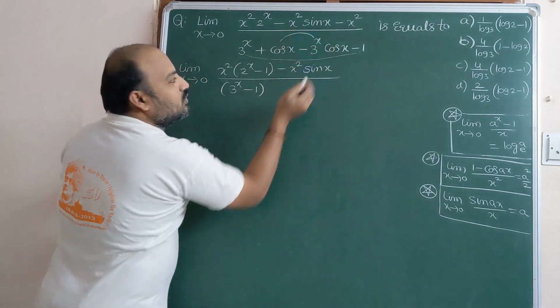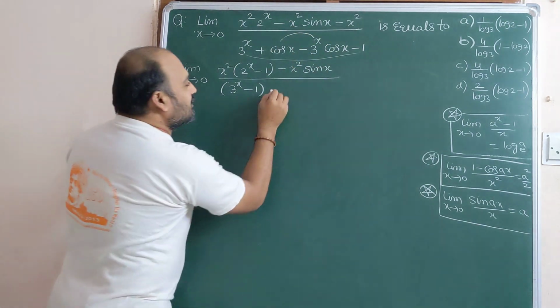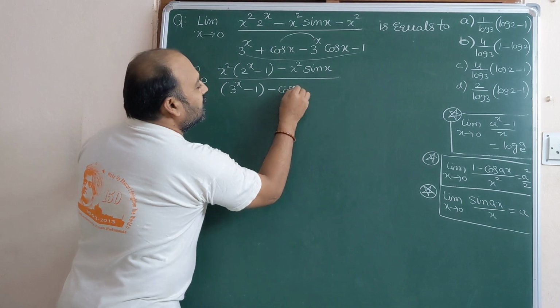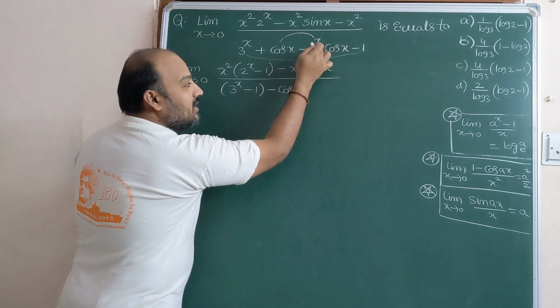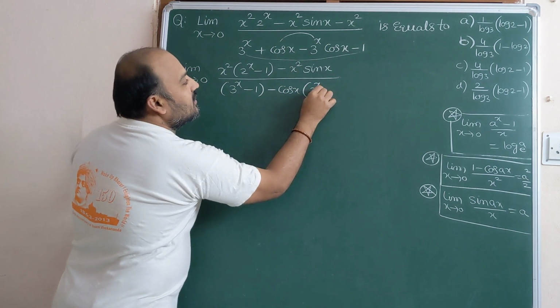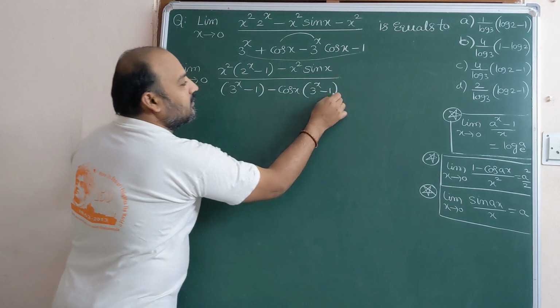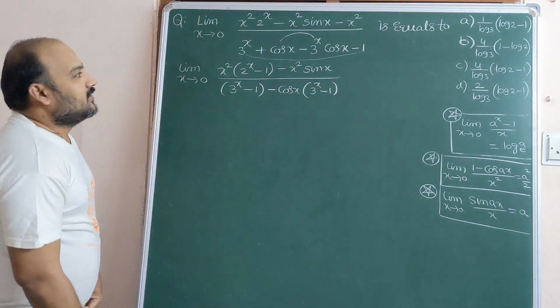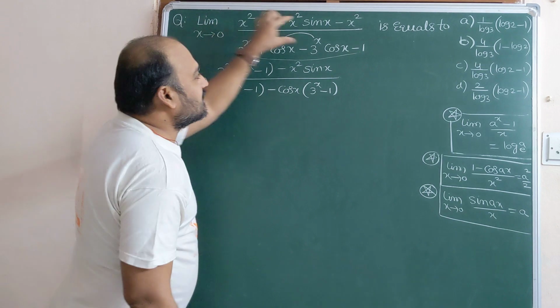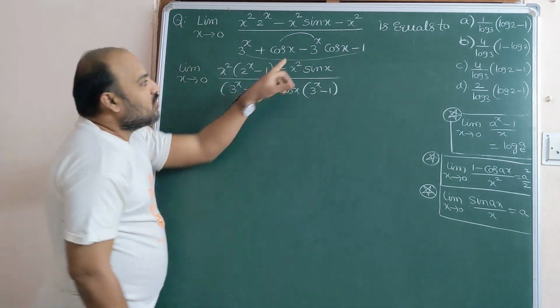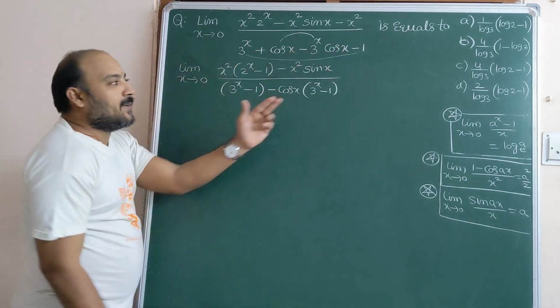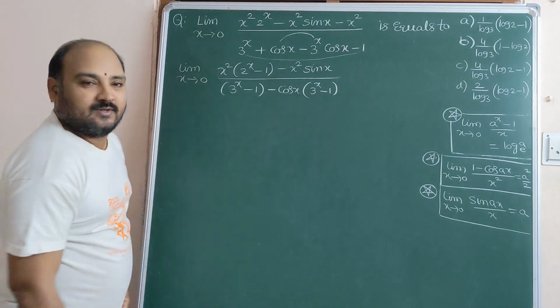From these two, take minus cos x common. If you take minus cos x common, 3^x will come first, later minus 1. I hope you understand. From the denominator, 3^x − 1 is one term. From these two, I am taking minus cos x common with 3^x − 1.